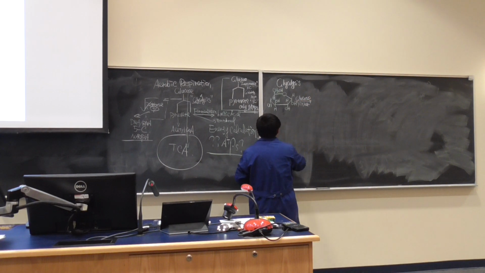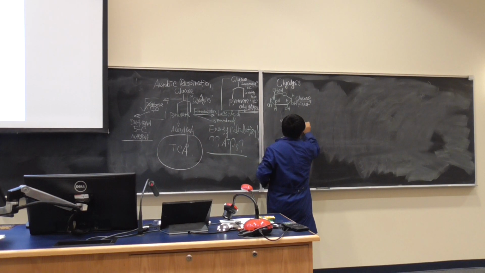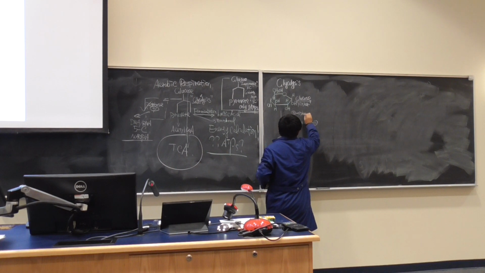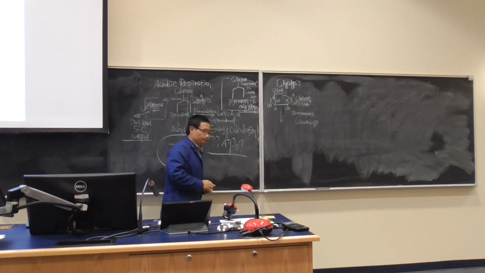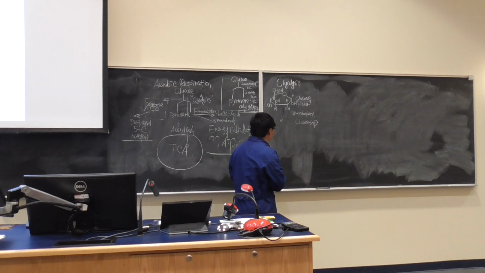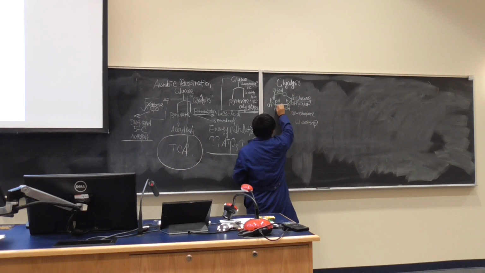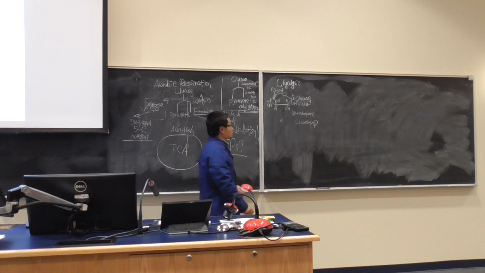Okay, the next one, where are we going to go? Glucose 6-phosphate. I use P to represent phosphate. I'm not going to write out all the phosphates, just use a P. Now, what is glucose 6-phosphate? You need to know the positions: carbon number 1, 2, 3, 4, 5, and 6.